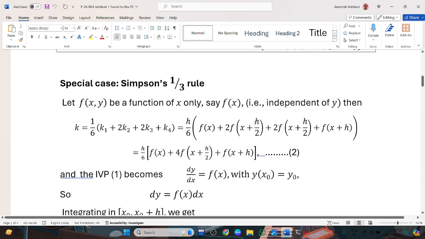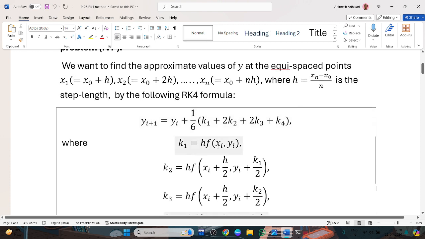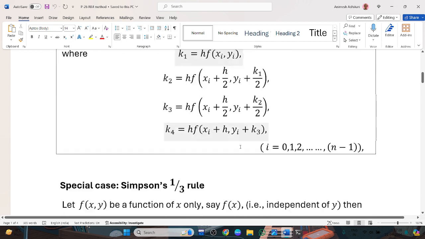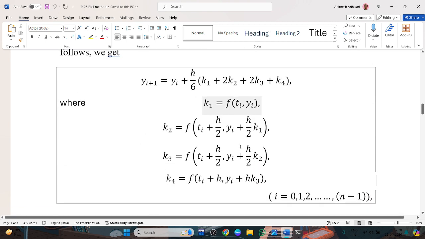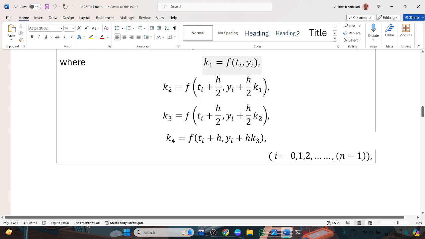Note that before, we defined k1 equal to h into f of x_i, y_i. So here we remove h, since this h is multiplied by this h by 6. So k1 equal to f of t_i, y_i. Why do we redefine this k1?